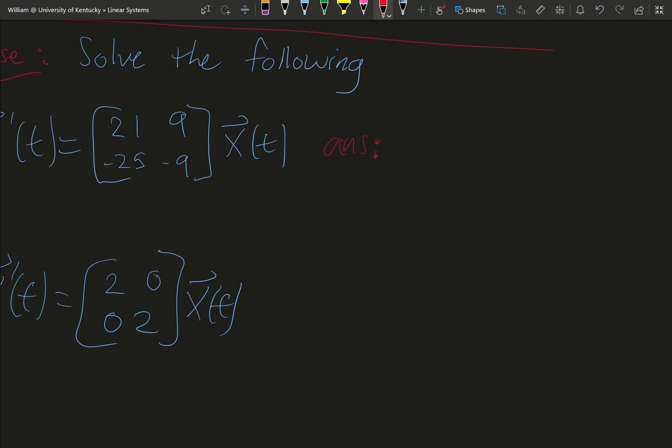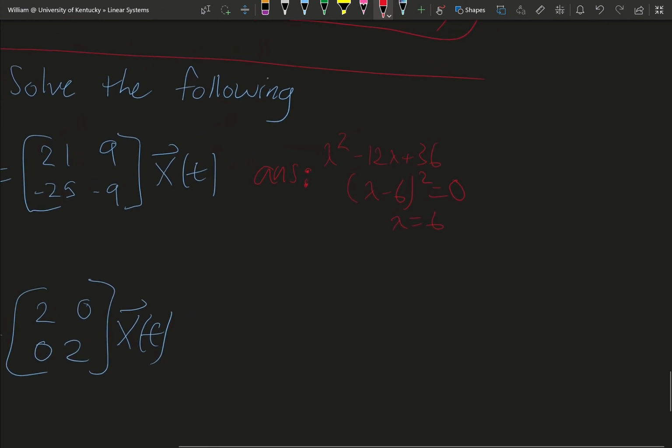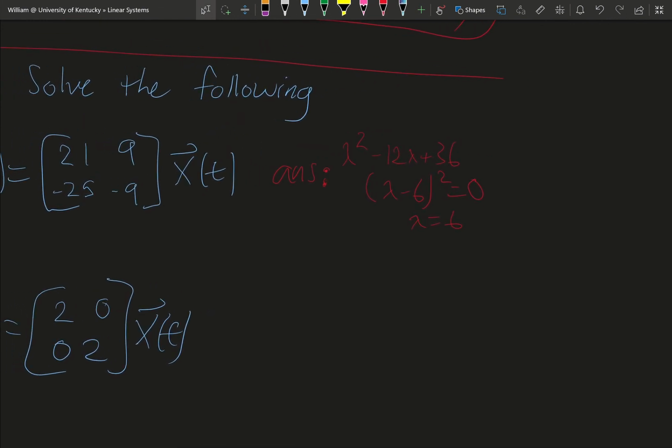First of all, you should get that your characteristic polynomial is lambda squared minus 12 lambda plus 36 for the first one. This says that lambda minus 6 squared equals 0. So of course lambda equals 6. You go ahead and solve for your first eigenvector.